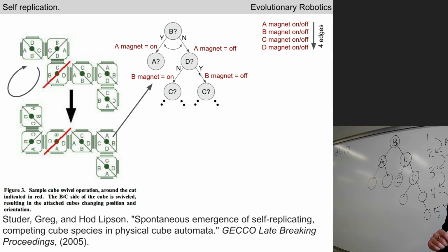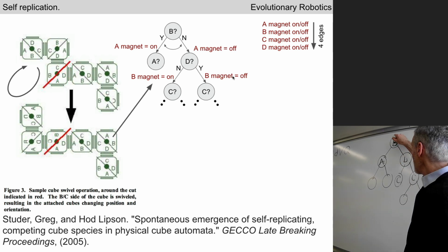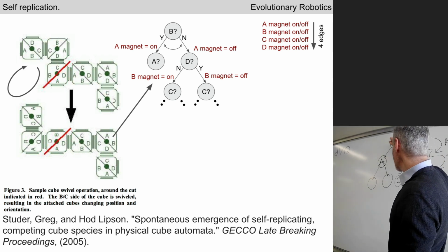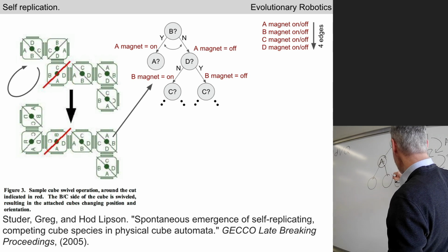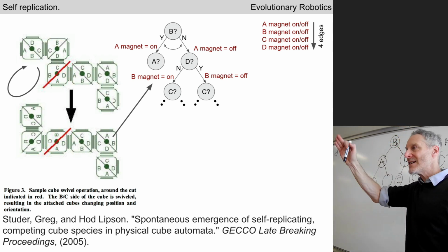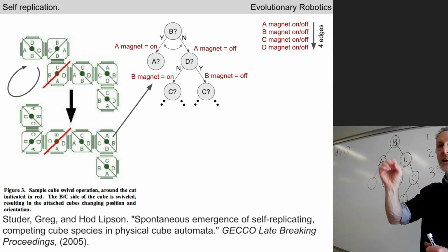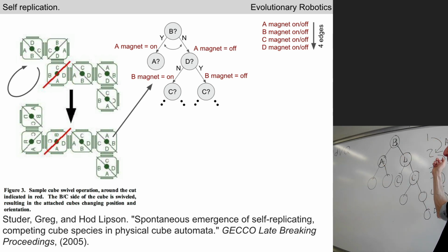It comes down here, and the Y edge tells it to turn the B magnet off. So at each time step, the square is going to descend this tree, and as it goes down the tree, it's going to turn its A, B, C, and D magnets either on or off, depending on the labeling of the tree.